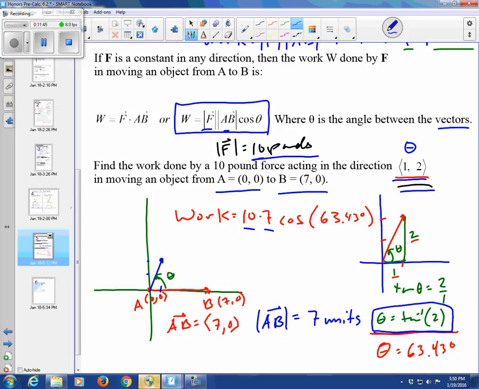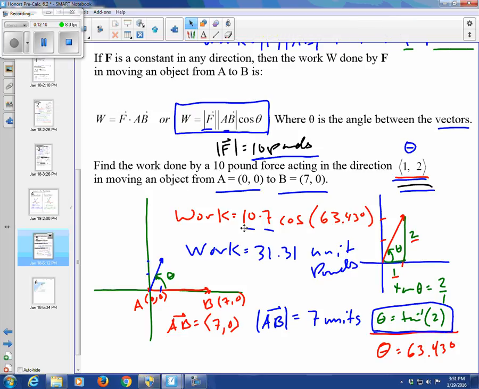And so we can evaluate 10 times 7 times cosine of 63.43 degrees, and that is going to give us the work done of 31.31, and then we would call these unit pounds. So first we're listing the unit of distance, and then we're listing the unit of force.